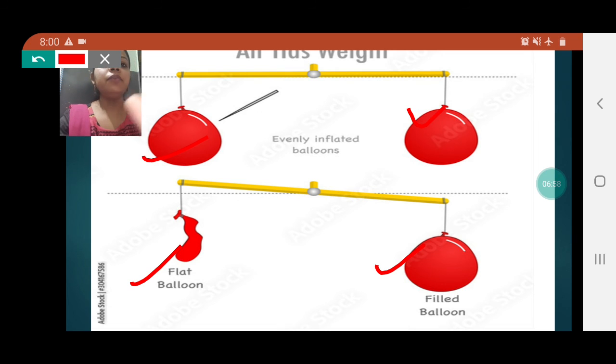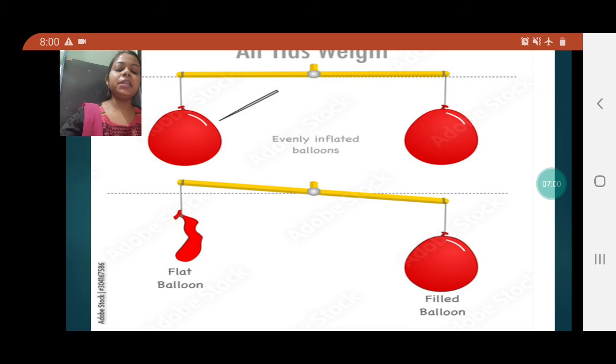What is this activity proving? This activity is proving that air also has mass. Why? Because in the downward picture, air is not present inside the balloon. That's why the balloon is light in weight, but the second balloon is filled with air, and that's why it is heavy and it is coming downside.